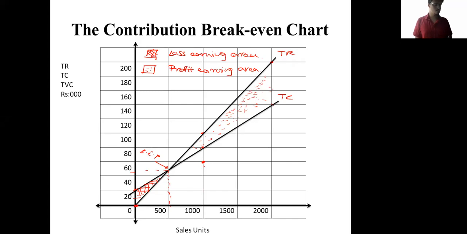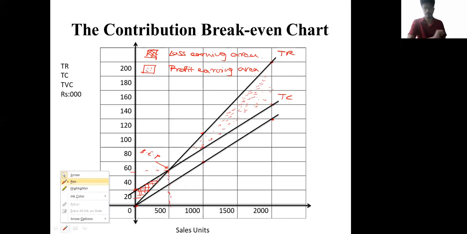And when it becomes 2,000, it is 120,000. Then the curve will be like this. Then we can name that one as the total variable cost curve.